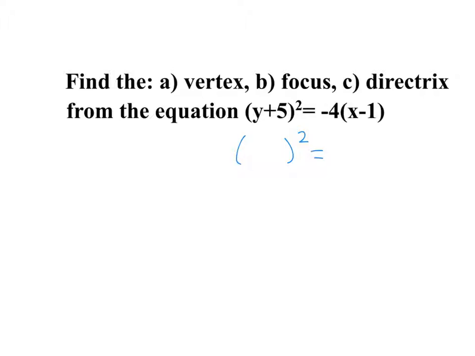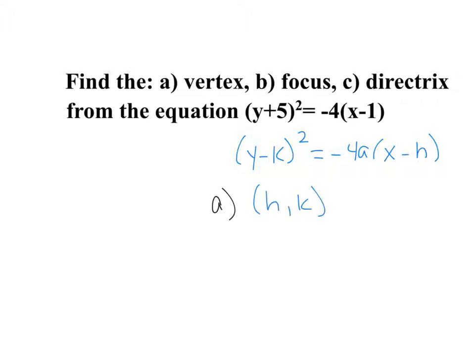Looking at this equation, I know that I'm using the (y minus k) squared equals -4a(x minus h). The reason why I'm using this one is because the y is squared and I have a -4, meaning I need my -4a. So what I can pull right out from the equation is the vertex. The vertex is in the form h comma k.